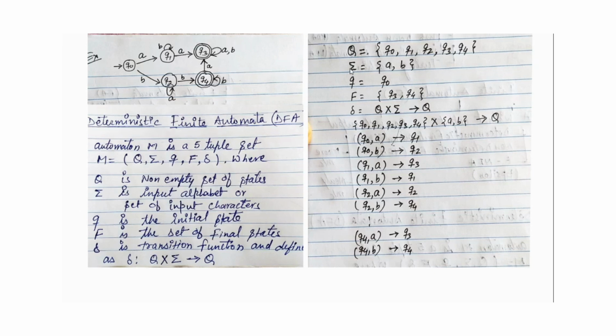So this sigma is the input alphabet, that is the set of characters which are taken as input by the machine. So the machine is taking either small a or small b as an input. There is no small c, no small d. So only two characters are taken as input. That's why sigma is the set of these two characters. So this is called the input alphabet.